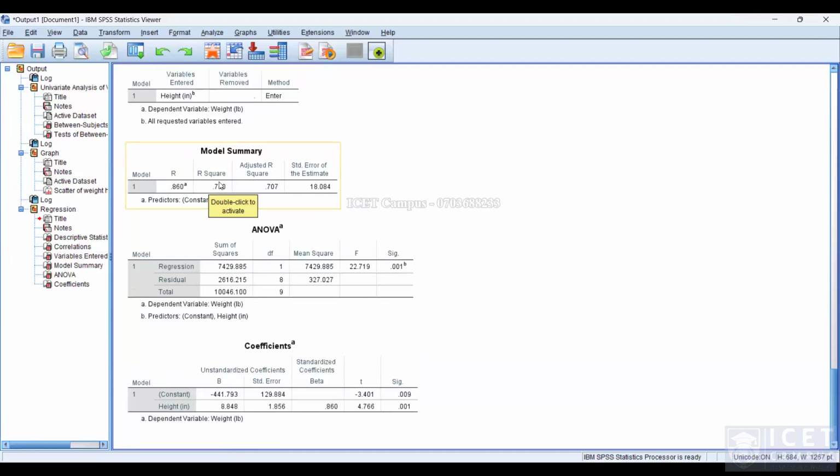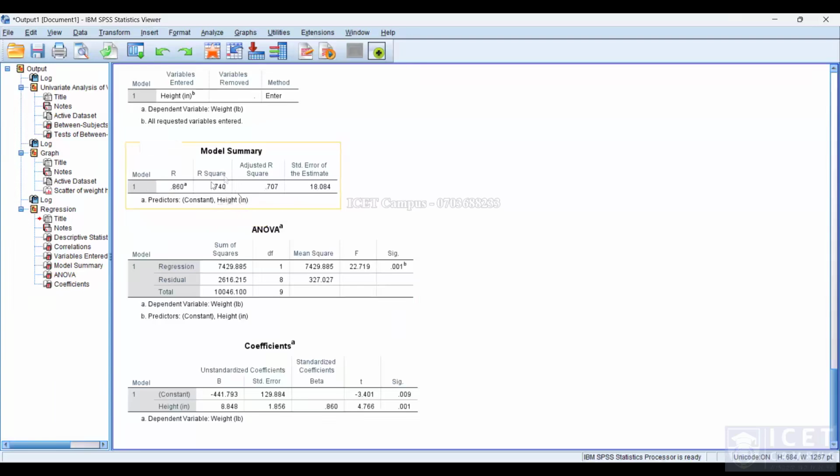It means what percentage of the dependent variable is predicted by the independent variable. Here you can see that is 0.74. If you write this as a percentage, that is 74%. Therefore, 74% of the dependent variable is predicted by the independent variable.